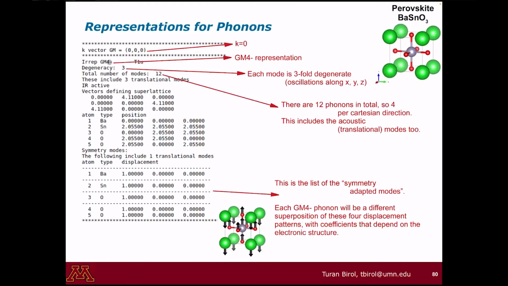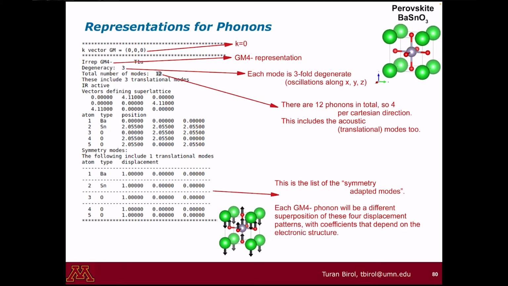I like calling this gamma 4 minus, but there's this alternative convention where this would be called the T1u mode. It's a 3-fold degenerate mode. And this 3-fold degeneracy comes from the fact that you have a cubic crystal. So if you have a vibration pattern along X, there's an equivalent vibration pattern, symmetry equivalent pattern along Y or Z with exactly the same frequency.